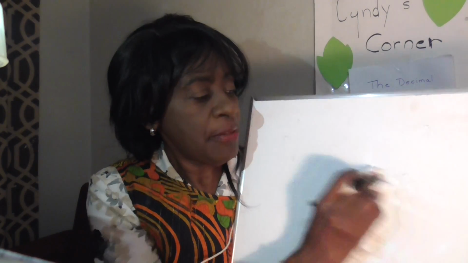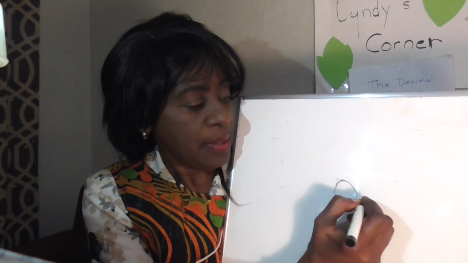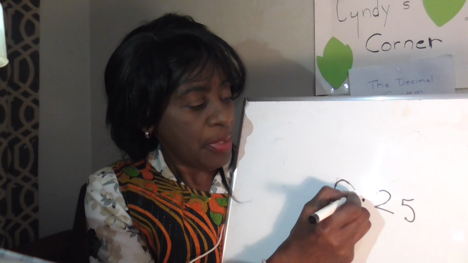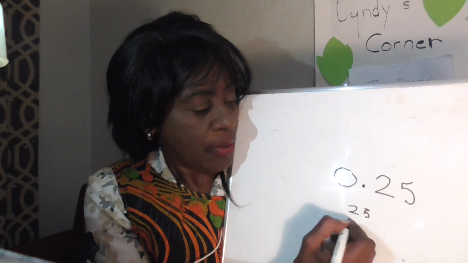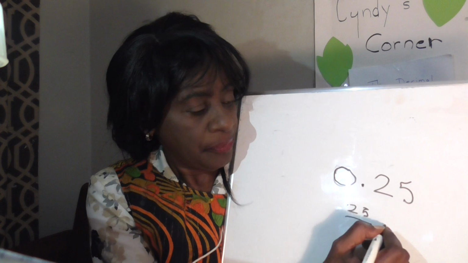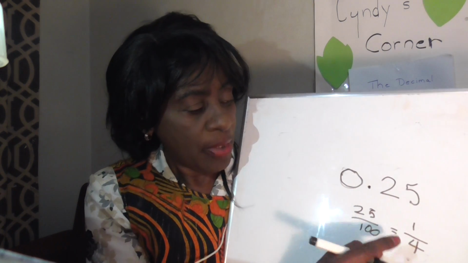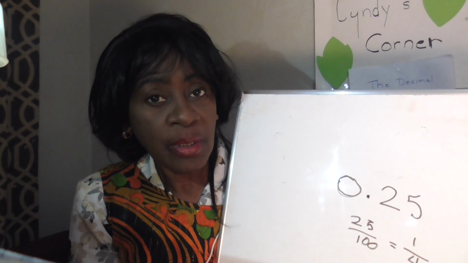So you may see it written this way, 0.25. 0.25 is still 25 over 100, or reduced to the lowest common denominator, 1/4. 0.25 is still 1/4.